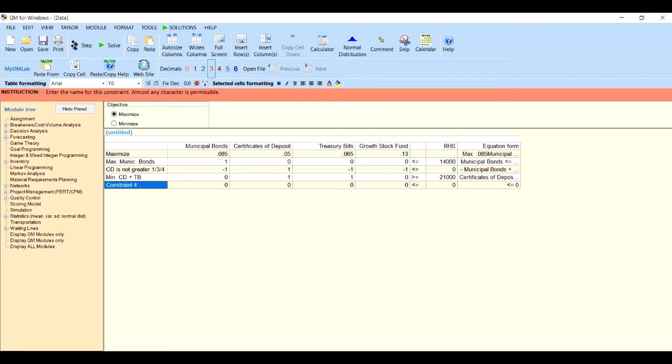So of the 70,000, we're only choosing 2 investments. 1, treasury bills. We're going to invest $38,181.82 in treasury bills. The growth stock fund, we're in a similar situation. We're going to invest $31,818.18. This means altogether we're investing 70,000. But these 2 options are the superior choice given these restrictions that we had.